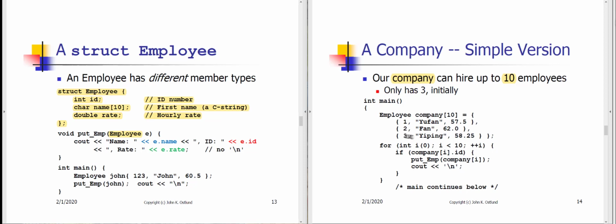And then ID number 3, yipping, and 58.25. Now, since company is an array of 10 employee objects, all 10 of those employee objects will be allocated in memory, and the trailing ones that were not specifically initialized will become initialized with zeros by default. Let me jump ahead to a diagram of this array.